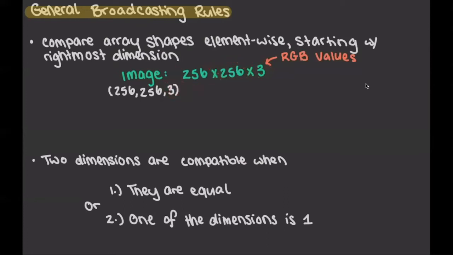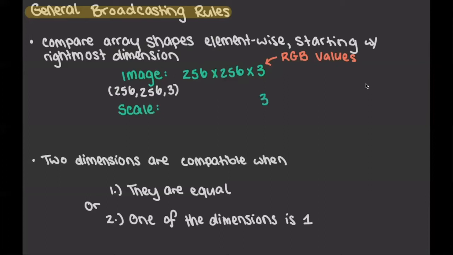Now imagine that for every RGB value, I want to scale it by some quantity. So let's say I have a scaling parameter, a scalar, and this scalar is going to contain RGB values. So let's say it's just 3 here.